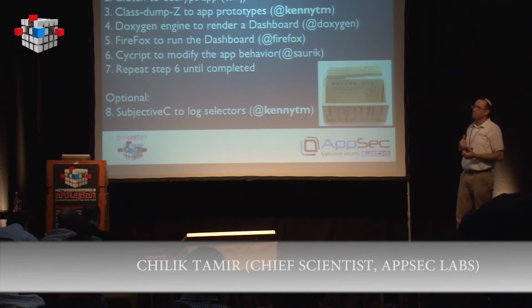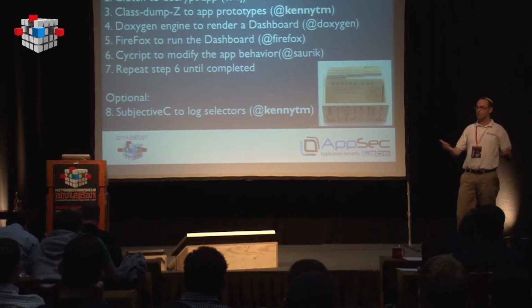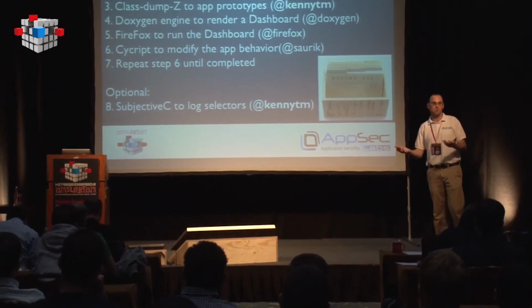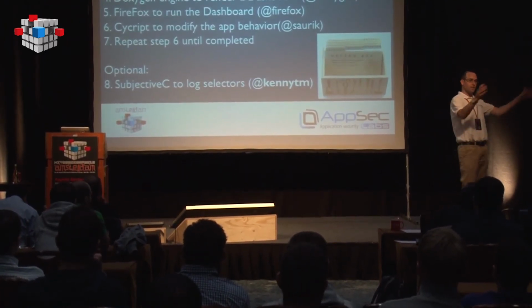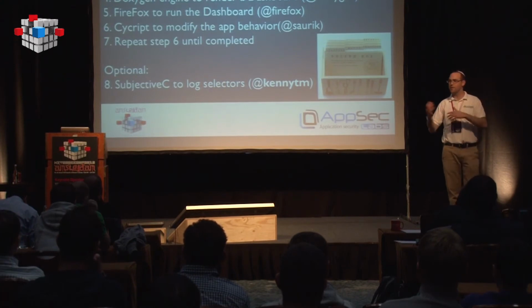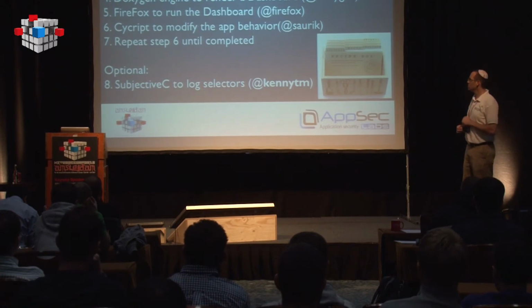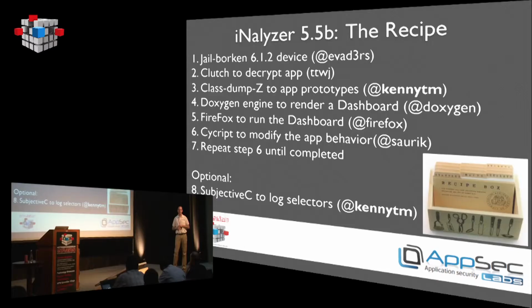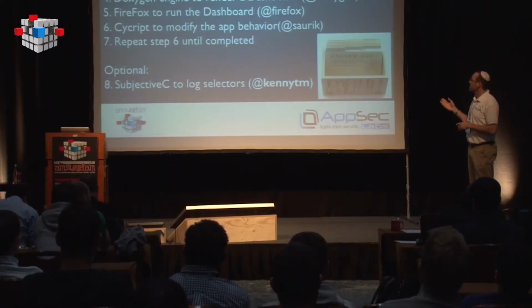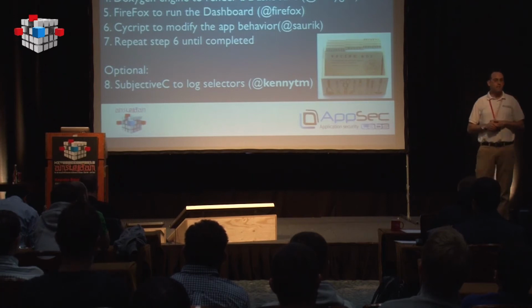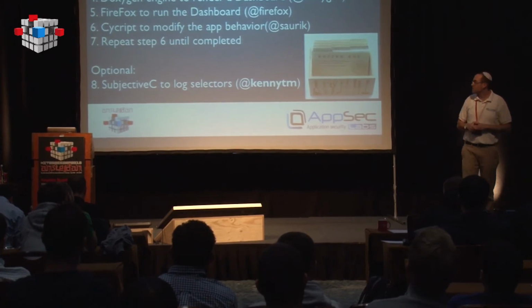So now that I got all the headers, hey, listen, I got this great tool, it's called Doxygen, which takes a header file, runs it through that folder, and will generate a correlation and the hierarchy between those. Wow, wonderful, let's use it. And I'm using Doxygen in creating my pen testing environment by modifying some HTML files, that's it. I'm running Cycript on the mobile itself, so it communicates with a Firefox web page, an HTML page.